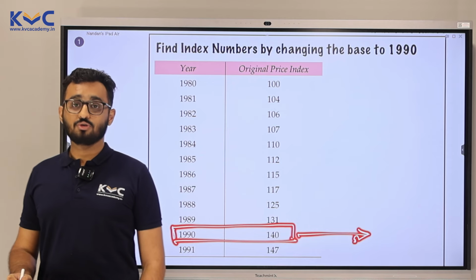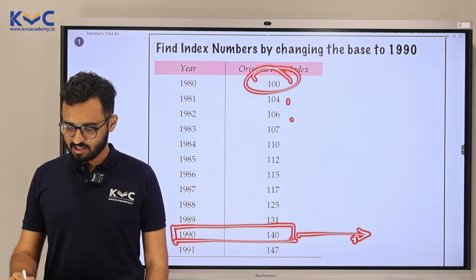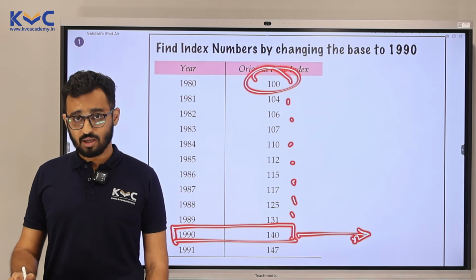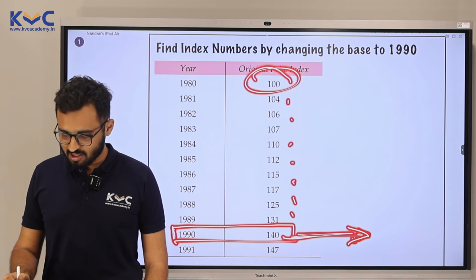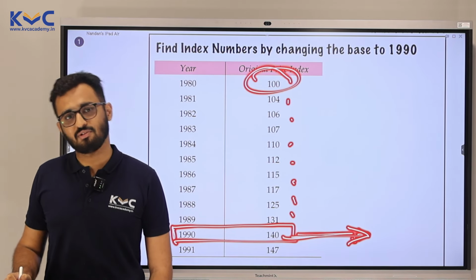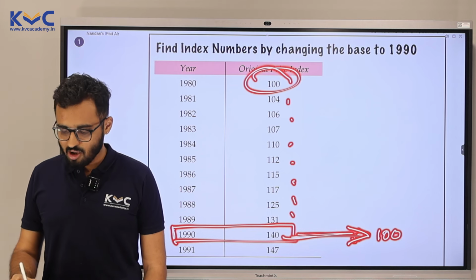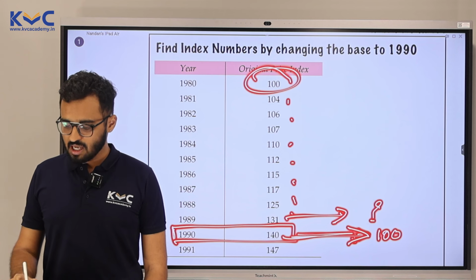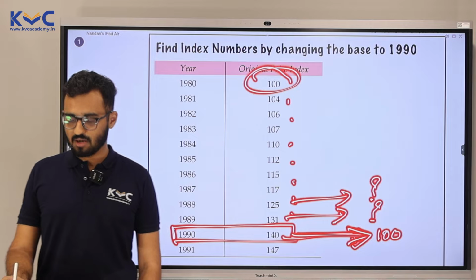Now how will you do that? Right now this is 100, but we would want to make this the new 100. So common sense first, then we'll go to the formula. If 140 becomes 100, what happens to 131? If 140 becomes 100, what happens to 125?